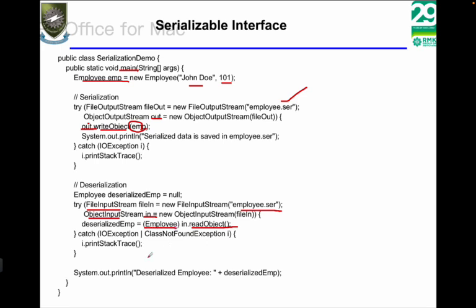So the output which I get is John Doe and 101 while deserializing it. There are different ways in which you can serialize and deserialize the objects.